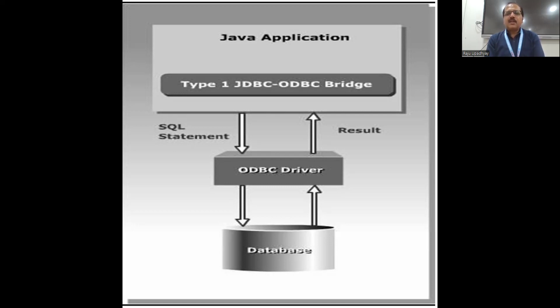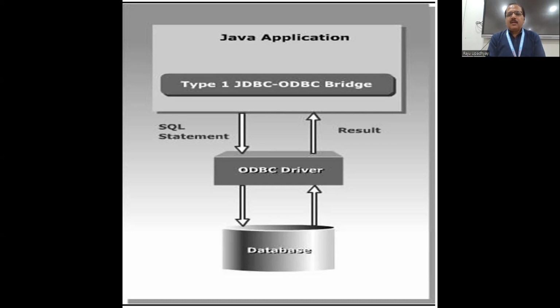Here, ODBC stands for Open Database Connectivity. ODBC is an open standard API to communicate with any database. The JDBC ODBC bridge driver enables your Java application to use any database that supports the ODBC driver.